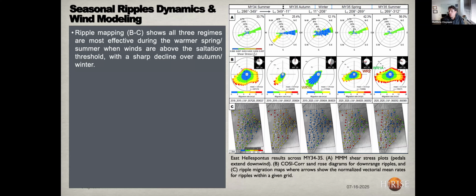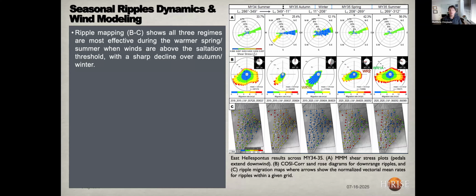winds moving through the region, and that certainly is the case. They happen to be more frequent. It's just that the spring and summertime warm westerlies are more effective at moving sand to the west.